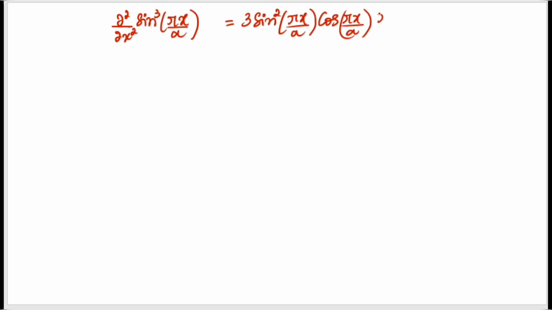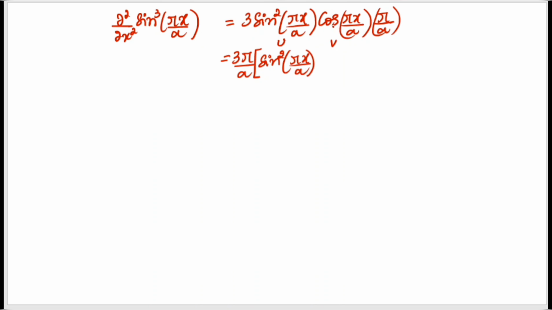Differentiation of pi x by a is pi divided by a, right? Now again I need to partially differentiate taking the UV rule. I can take 3 pi by a to be constant outside this differentiation. This I'm taking as u and this I'm taking as v.